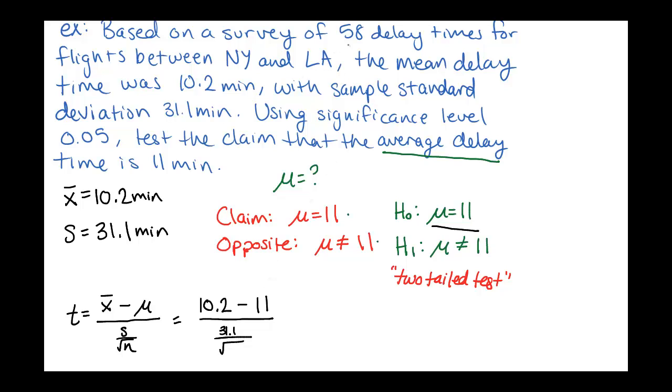Well, in this case we surveyed 58 delay times, so this is a 58 here. So if we plug all this into our formula, we come up with negative 0.1959. Right? This is negative because our sample mean is actually smaller than our population mean in this case, and that's okay. So we're going to take this test statistic and do either the critical value method or the p-value method.